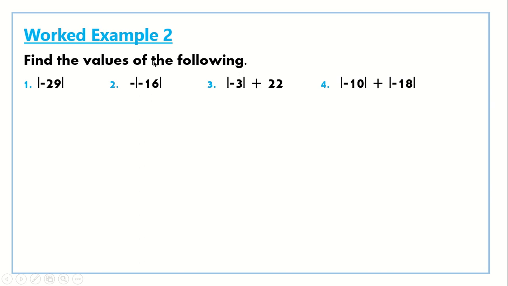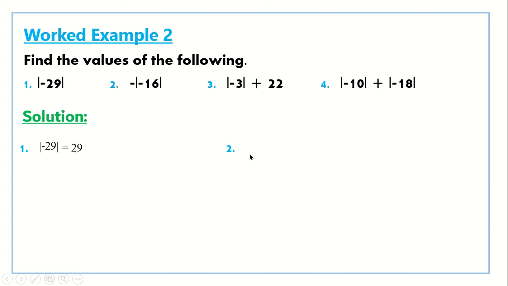Find the values of the following. Number 1, number 2, number 3, and number 4. Let's begin with part 1. We need to know the absolute value of negative 29. Of course, we know that is 29.